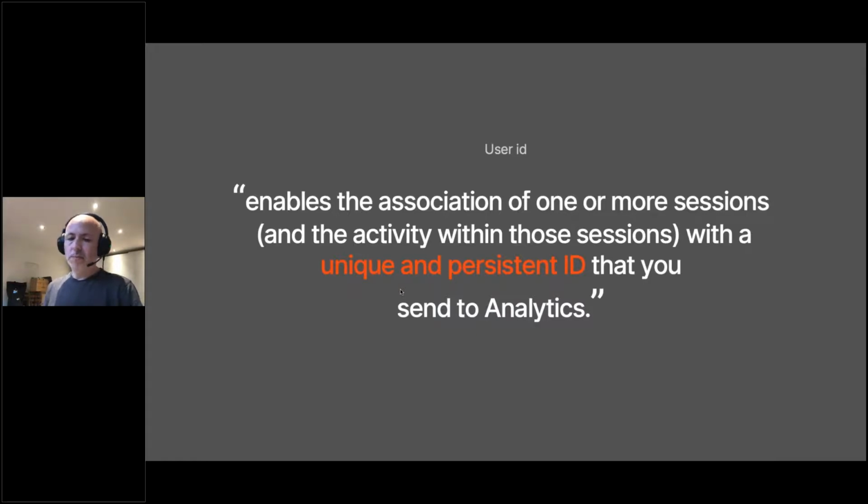But you'll have a lookup table where you can then match it back to your internal ID. So you put it into the app, and there's a few lines of code, and that can be configured to send that hashed ID back through to Google Analytics, and that's called a user ID.